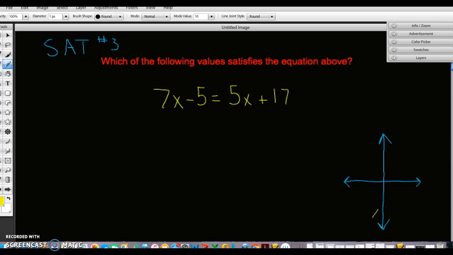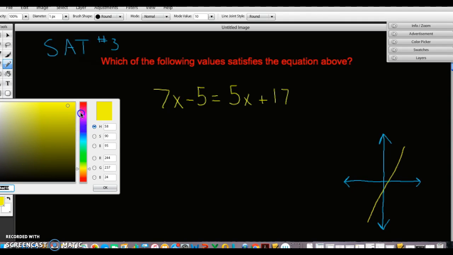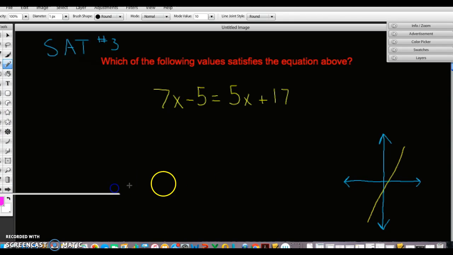One equation goes straight up like this, and then the other one goes up very similar to it, but then it crosses it at a point.